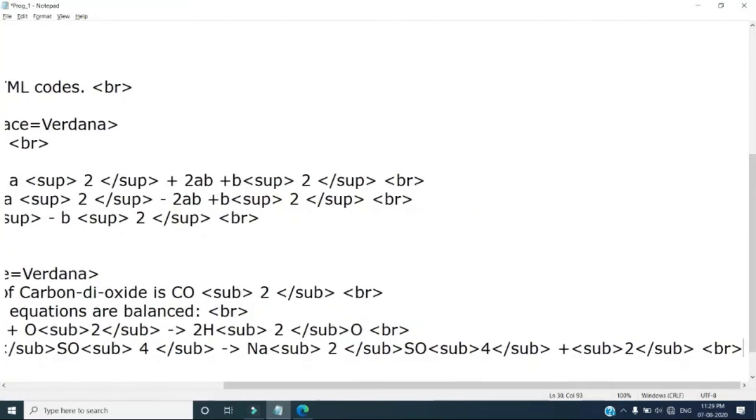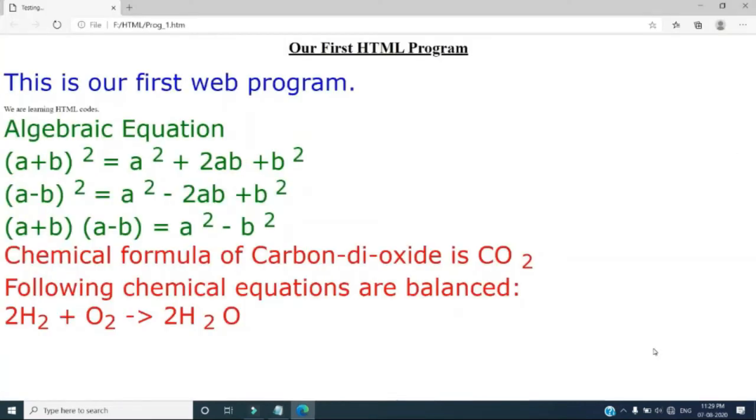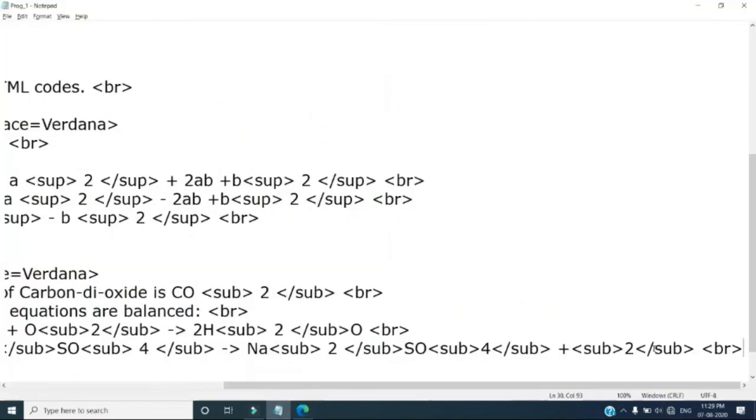And one br here we will give for the break. So 2Na plus H2SO4 equal to Na2SO4 plus it should be H2. So H is missing. Before this, we will give one H.